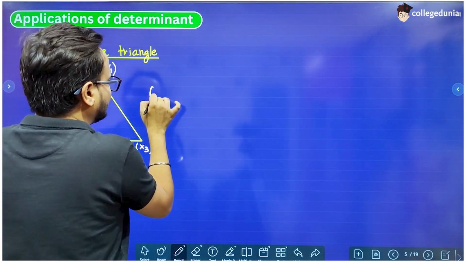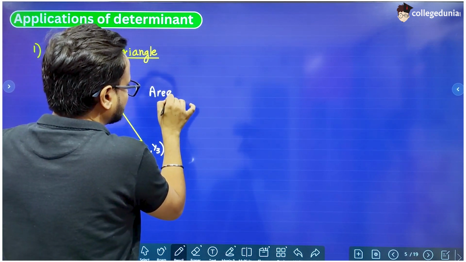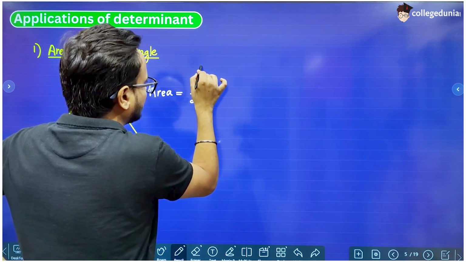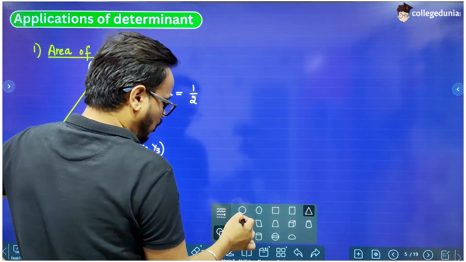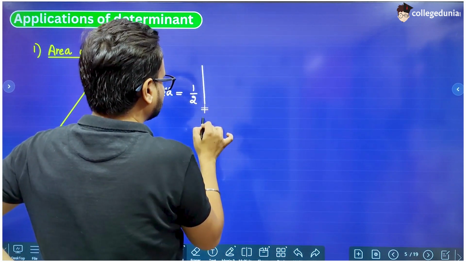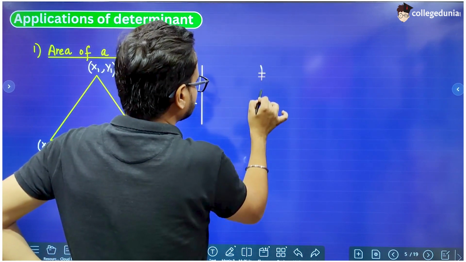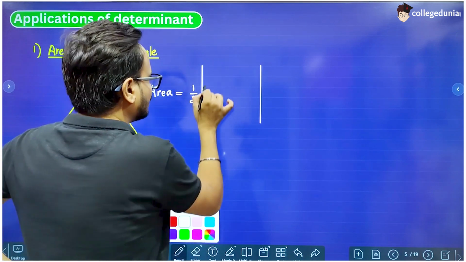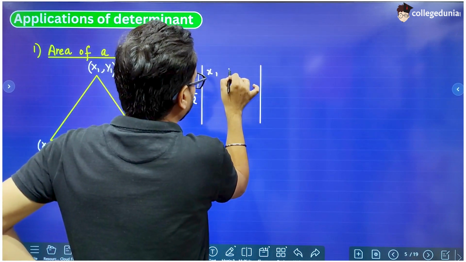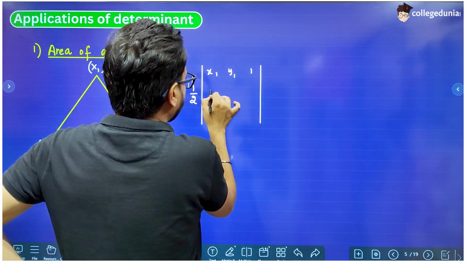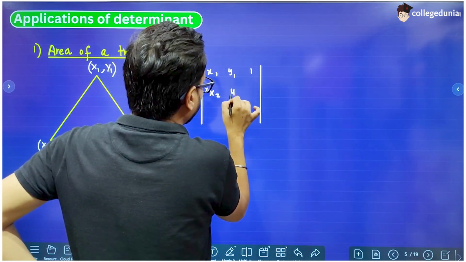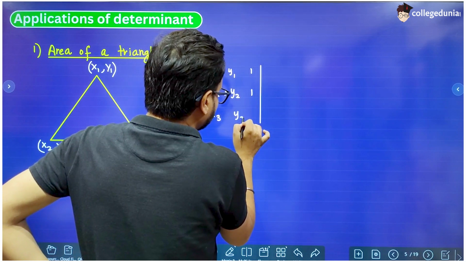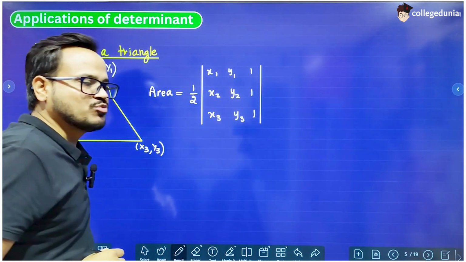So the area of this is half into this determinant: x1 y1 1, x2 y2 1, x3 y3 1.